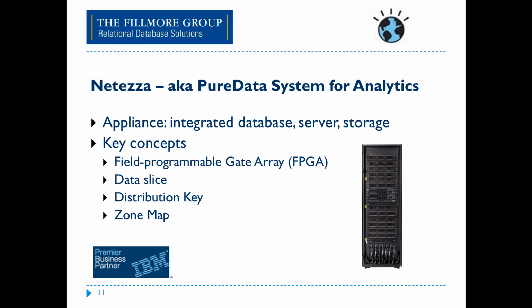So you have the advantages from an operational standpoint of not having to do a lot of systems integration, hardware, operating system patches, install the database patches, etc. Some of the key concepts of Netezza are something that I mentioned before, the Field Programmable Gate Array, or FPGA. Then we'll also talk about data slices, distribution keys, and zone maps.